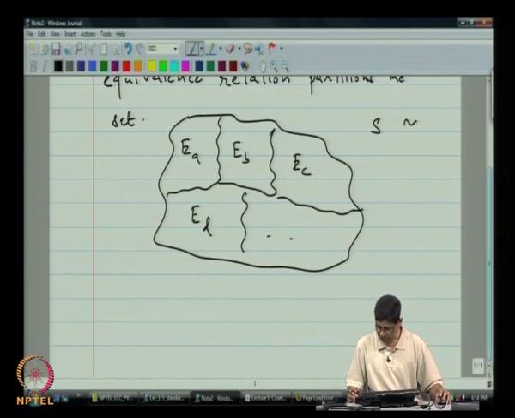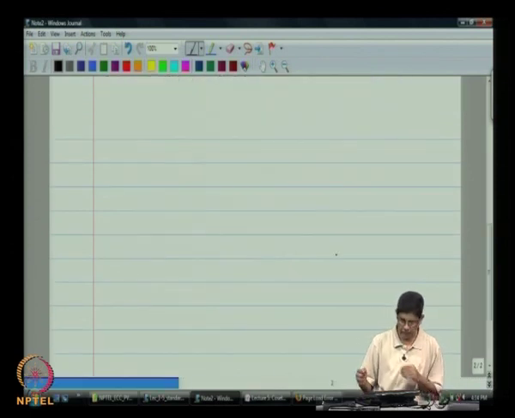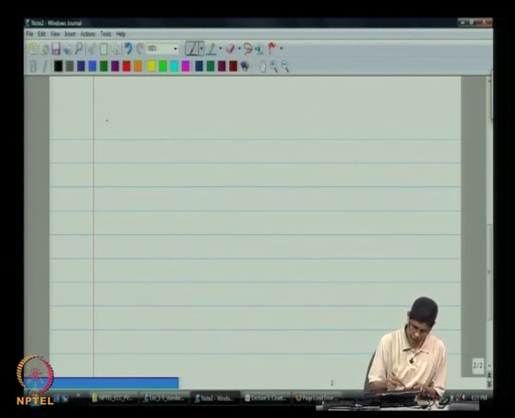Then we were looking at the equivalence relationship that arises from a subgroup. So, we defined it.